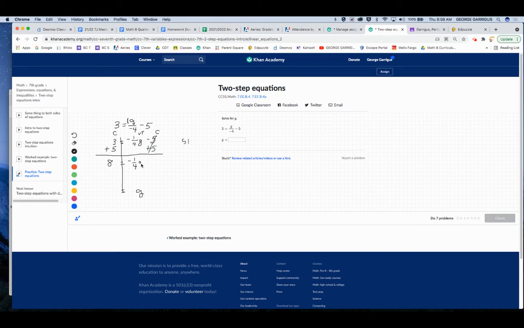G. All right. And now what I have to do is, if I have a fraction coefficient, I need to multiply times negative 4 over 1. That's called the reciprocal. Negative 1/4, and I flip it over.